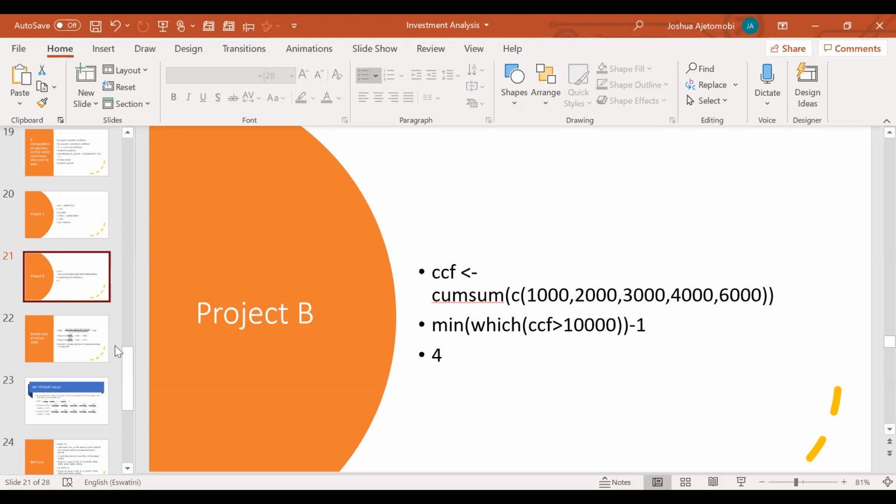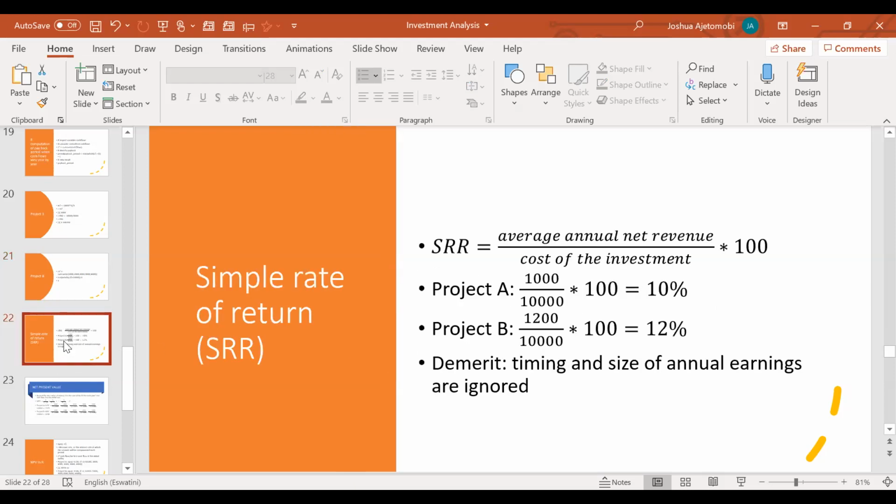That's good. So let's move forward. Now, to calculate the simple rate of return, it's very, very straightforward too. The simple rate of return is the average annual net revenue, that is when you subtract the depreciation from your expected net cash flow, then you divide it by the cost of the investment.